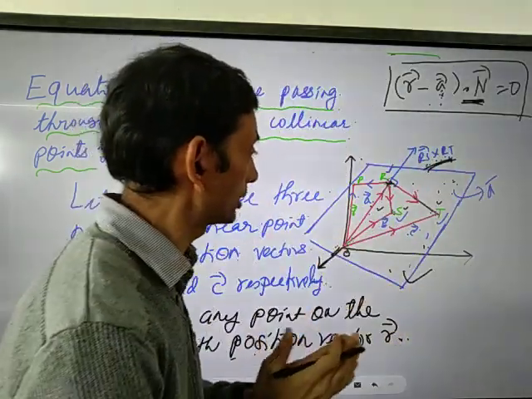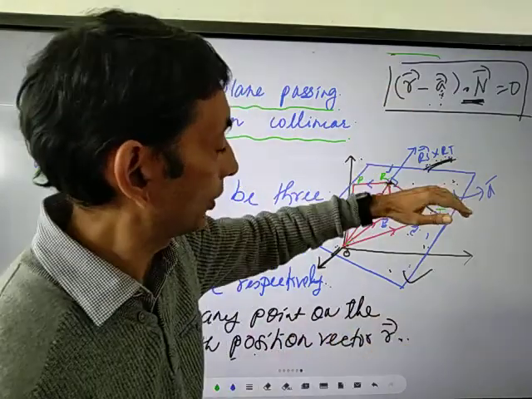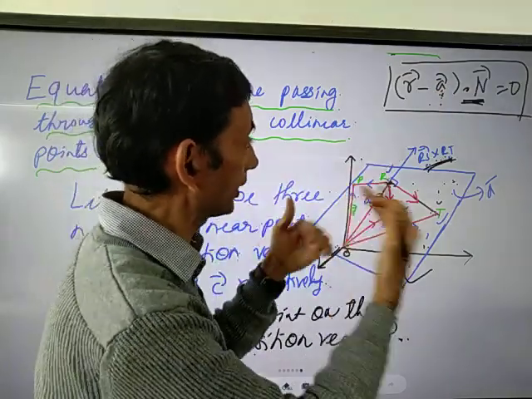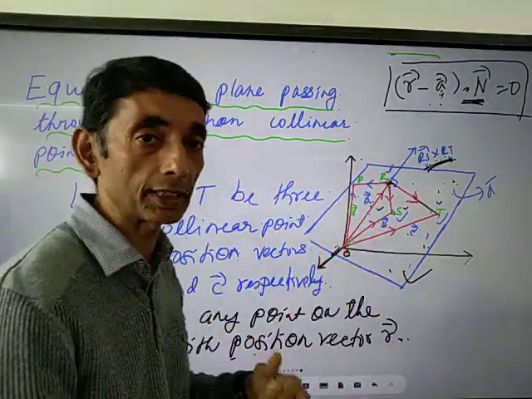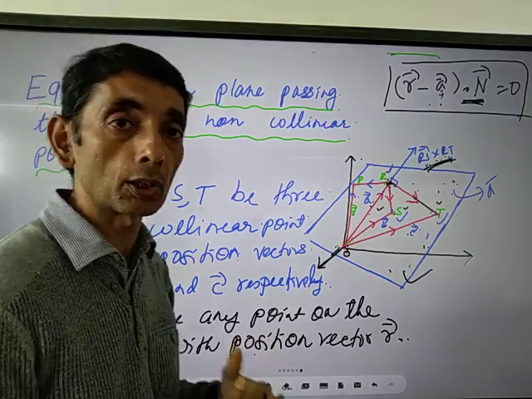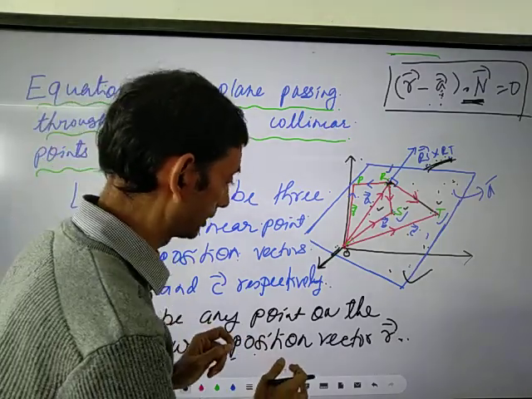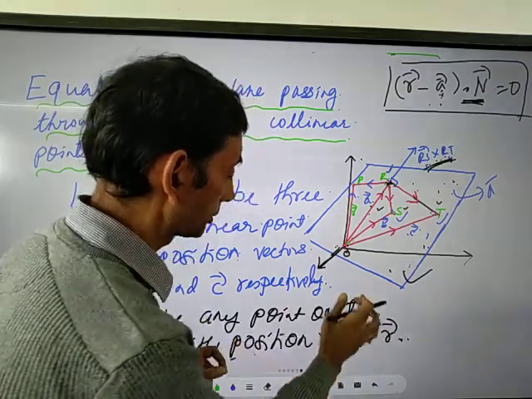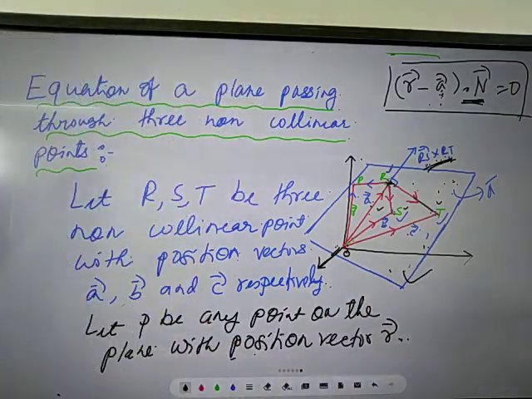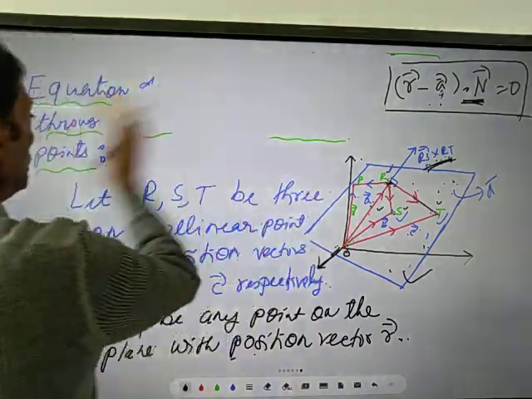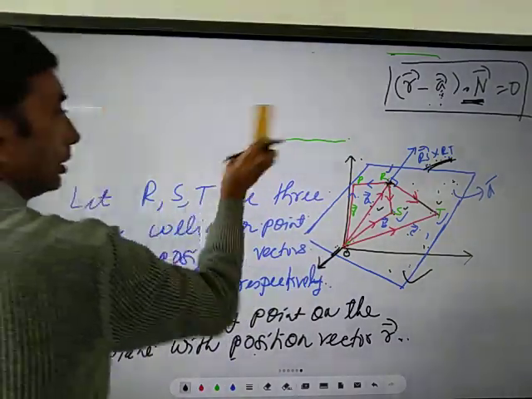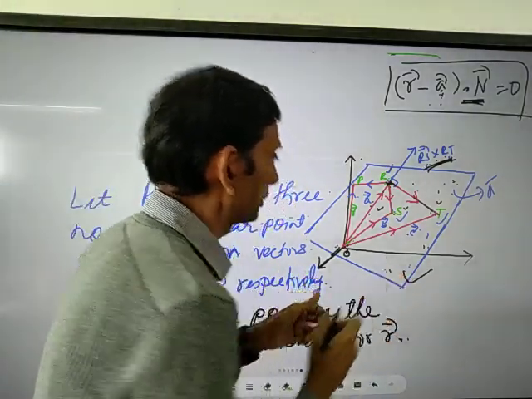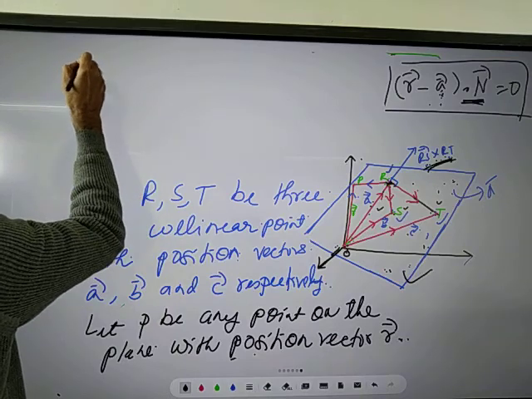This is the most important point. To derive this one, you need to derive these equations, which are given in a very systematic and sequential order in the NCERT text. So if you follow those points, we can directly write the equation of the plane.